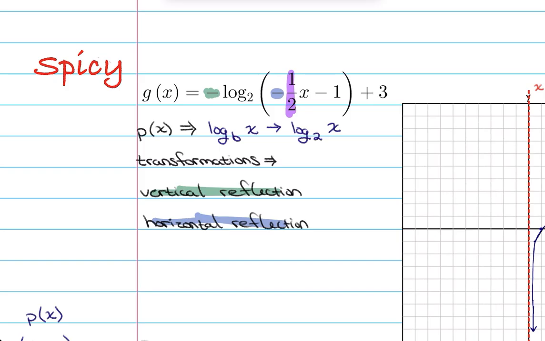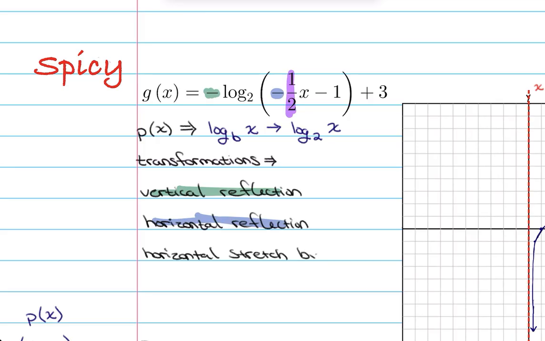That 1/2 is multiplied, so that is going to be a horizontal stretch. The reason I call it a stretch is your x's are crazy. So even though this number is between 0 and 1, it's the opposite of what we think. So instead of multiplying by 1/2, we're going to divide by 1/2, which is actually stretching our x values out.